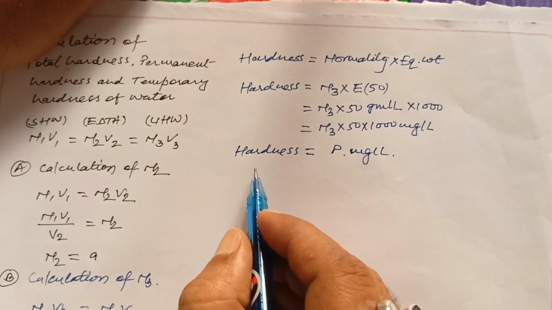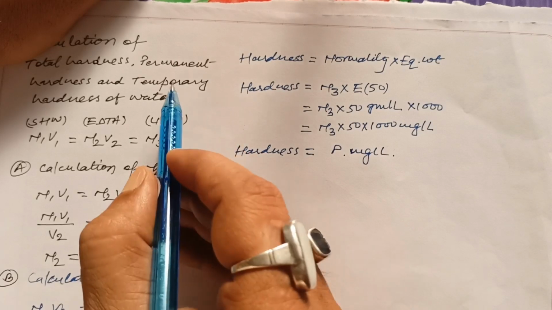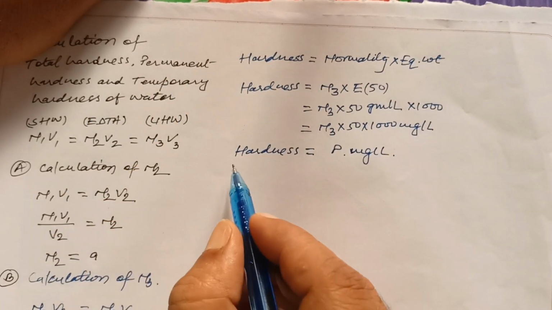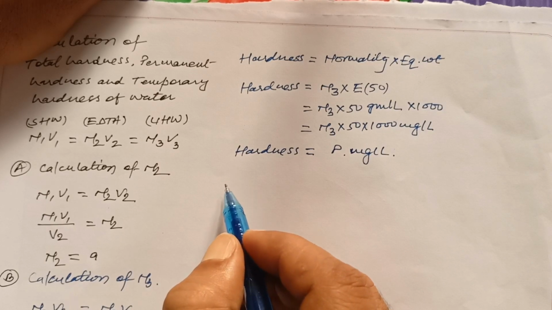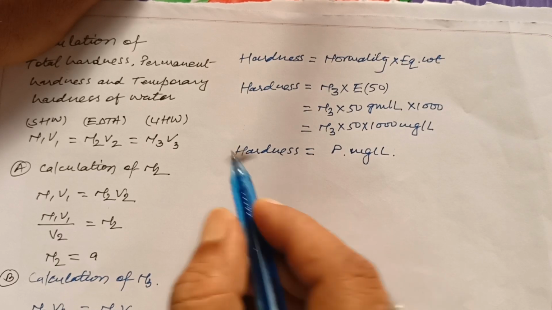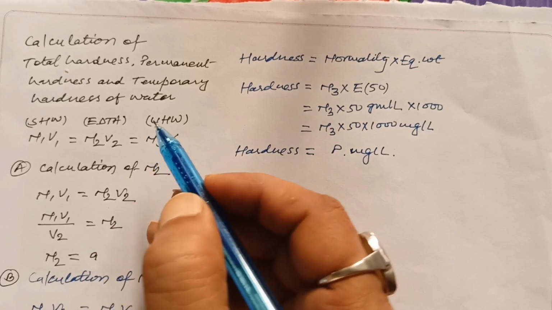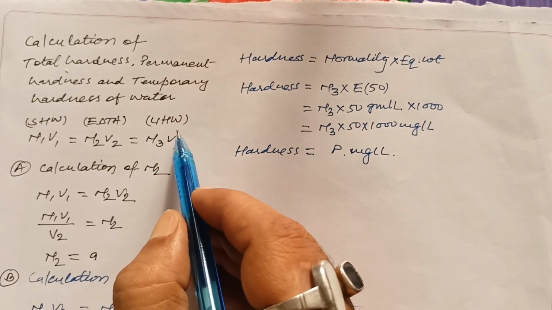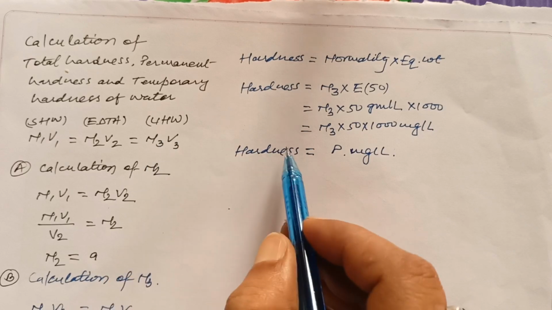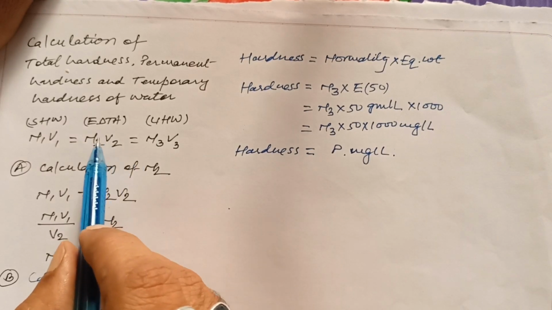Now the next step is to calculate the permanent hardness and temporary hardness. So we boil the water sample for 10 minutes. We boil this unknown hard water sample for 10 minutes, and after cooling we once again titrate this unknown hard water sample with the same EDTA.